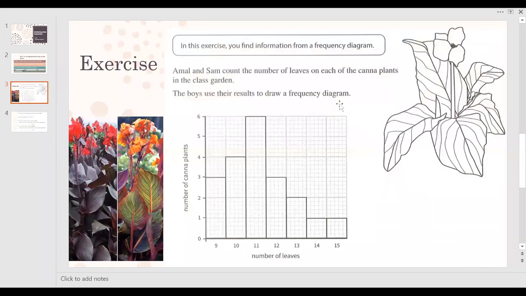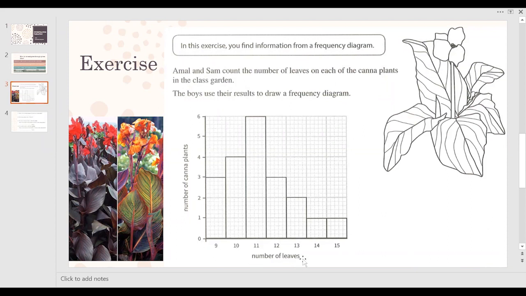Now, this is the exercise. 2 students have counted the number of leaves on each of the canna plants in their class garden. Canna plants are these plants which are given in here. And these boys, they did draw their results in a frequency diagram as it is shown in here.